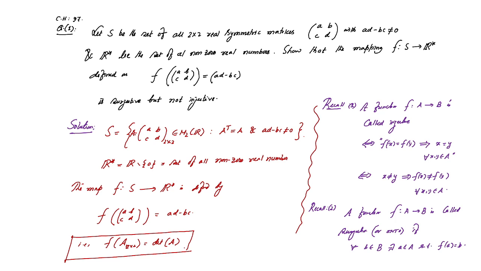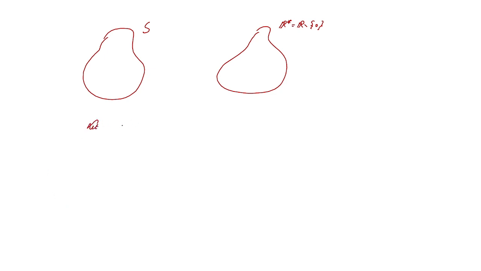So how to check this map is surjective? This is the definition of surjectiveness: for all b belonging to B, there exists a belonging to A such that f of a equals b. Here, think about the set S and R star, that means R minus 0, and here all symmetric matrices. Let us take an element x belonging to R star, our codomain, and choose a matrix A of the form x, 0, 0, 1, for x a non-zero real number.